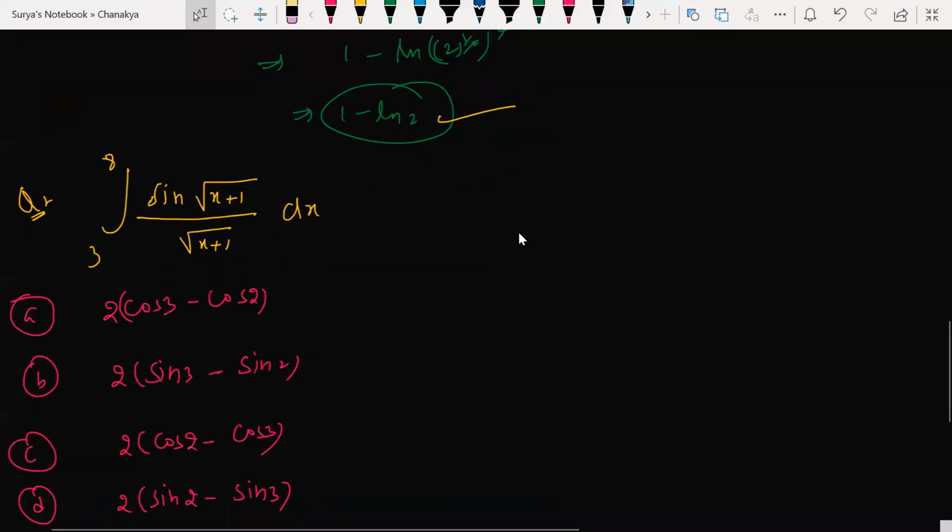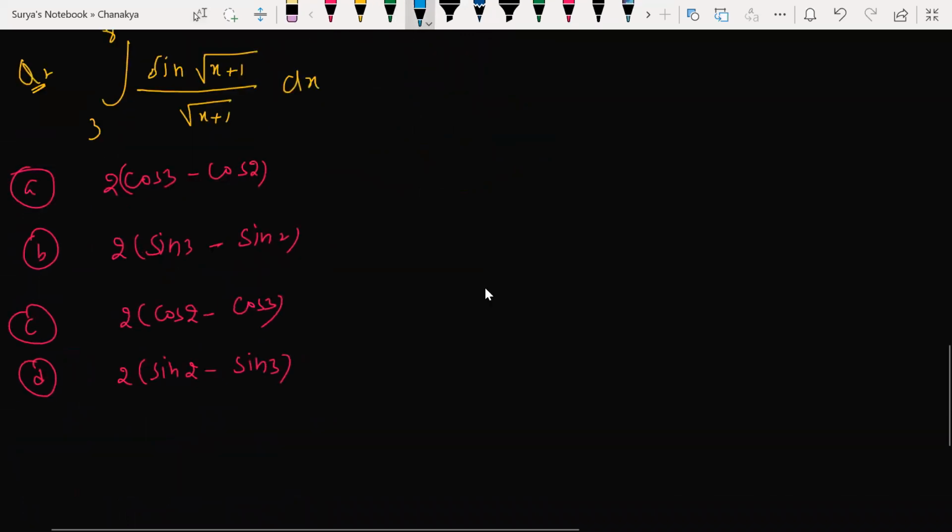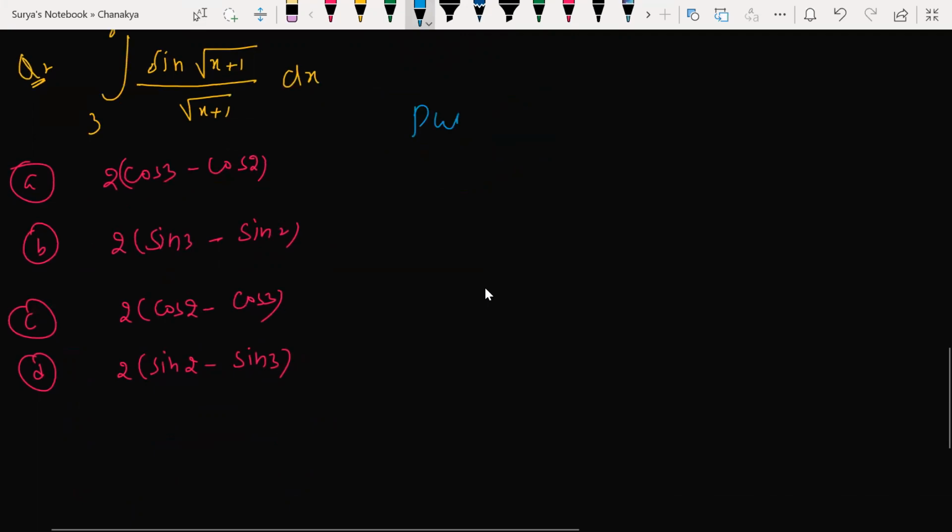Idea, what is idea? Very simple, there is nothing big in this. Look, very simple beta. How can we solve this question? Put by substitution method. Put square root of x plus 1 equal to t. Whenever we substitute something, we differentiate that first. Differentiation of root x is 1 by 2 root x, d by dx of the inner function, into dx is equal to dt. Correct?